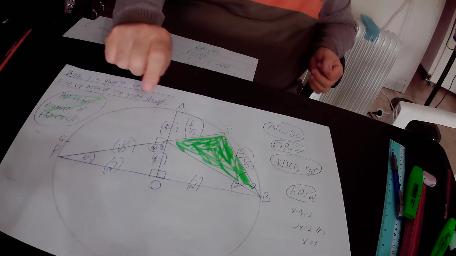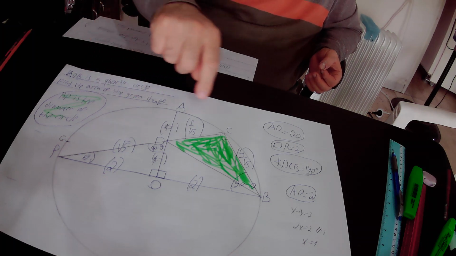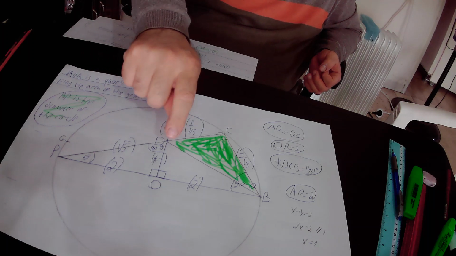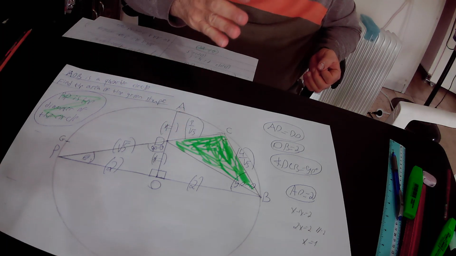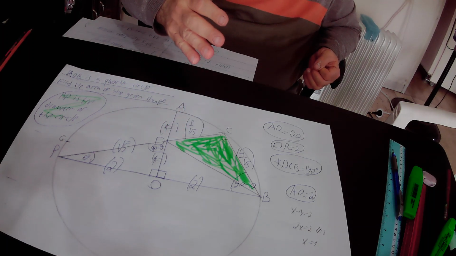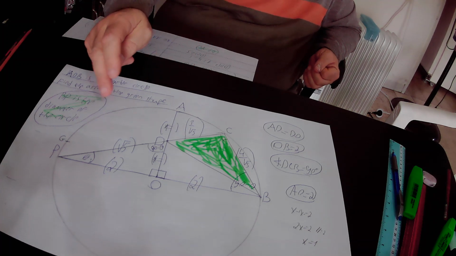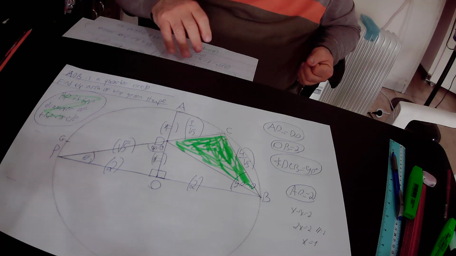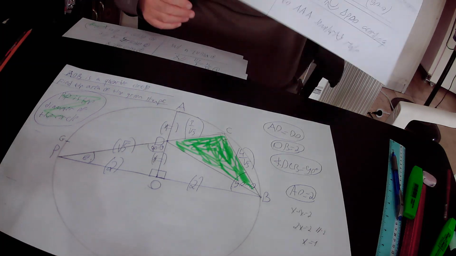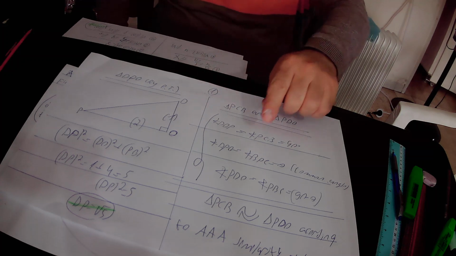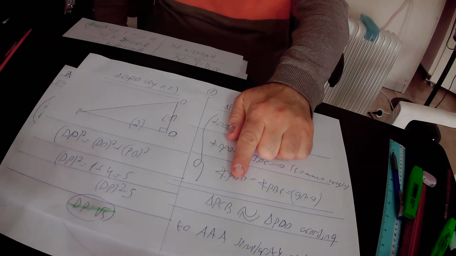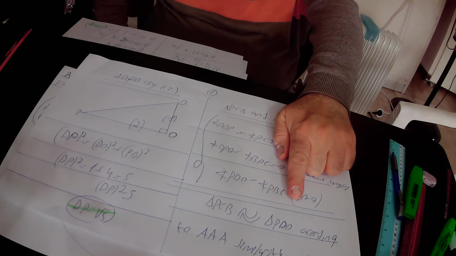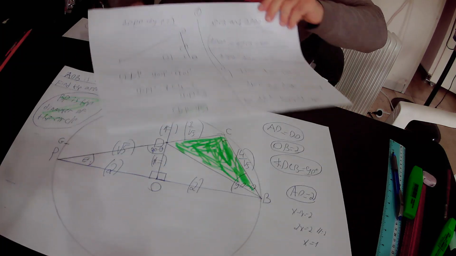So all three angles in the right triangle PCB are correspondingly equal to all three angles in the right triangle PDO, therefore the big right triangle PCB is similar to the small right triangle PDO according to the angle similarity rule.